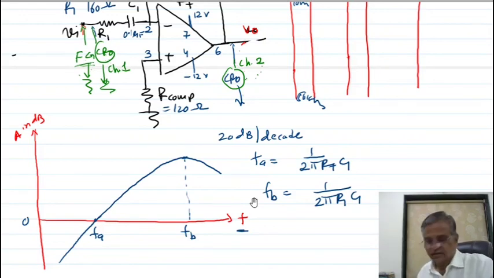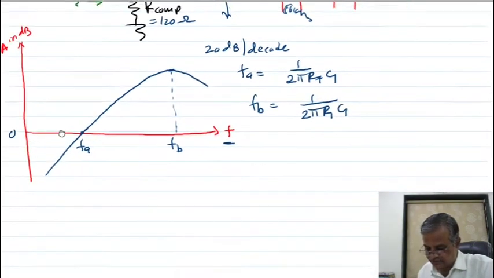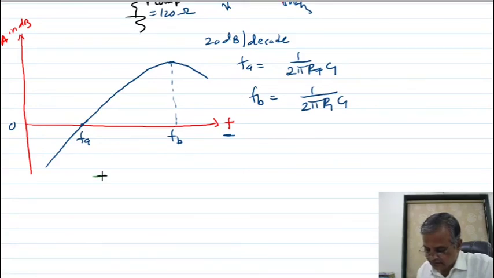Look here, this FA and FB you have to calculate, and for differentiation you should remember this equation: T should be greater than or equal to RFC1.